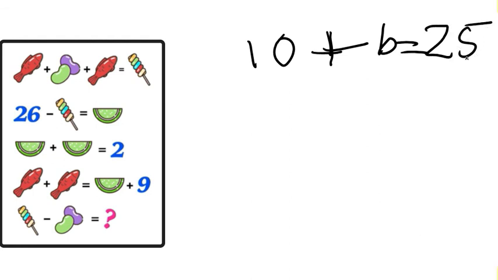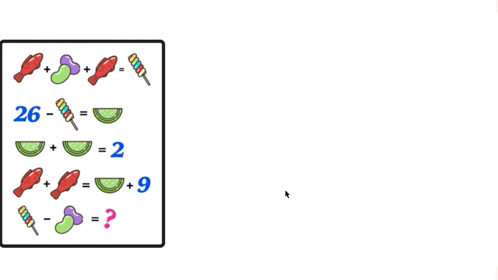So 10 plus how much is equal to 25? Well, it is 15. So the value of the beans is 15.